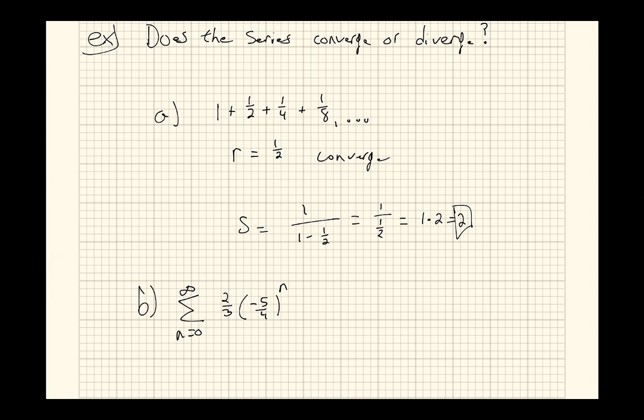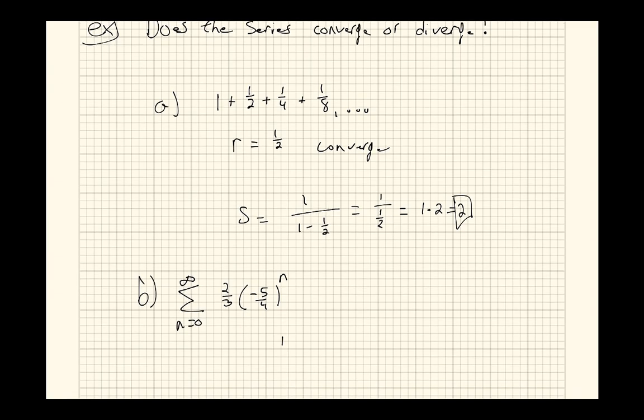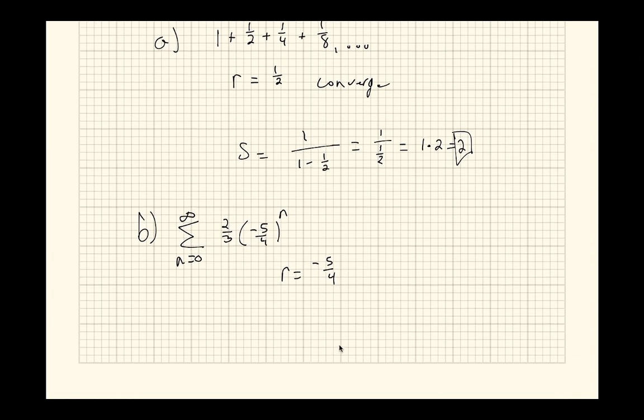Since my common ratio in this case is negative 5/4, the absolute value of this is 5/4, and that is actually greater than 1. So since the absolute value of negative 5/4 is greater than 1, this thing diverges, meaning there is no sum, or the sum is just infinite.